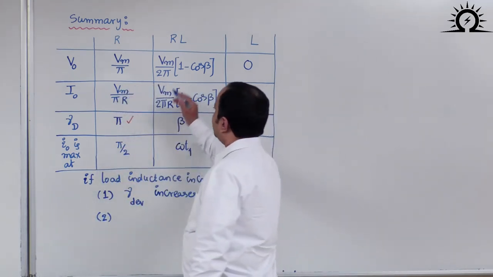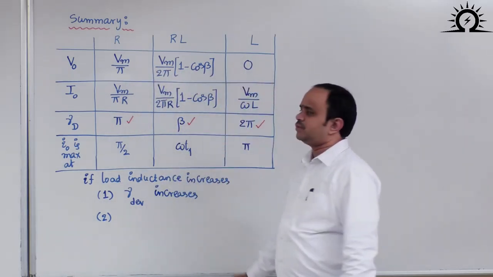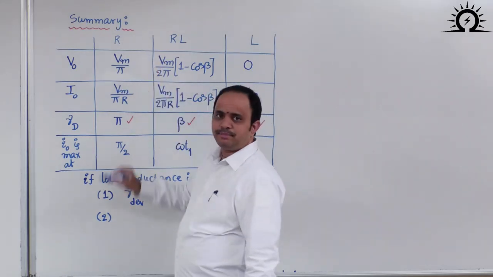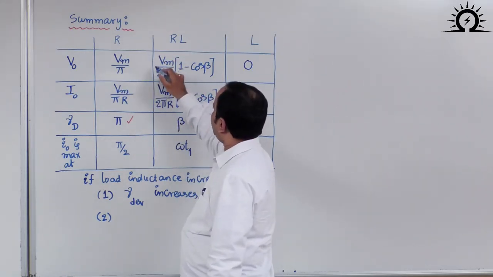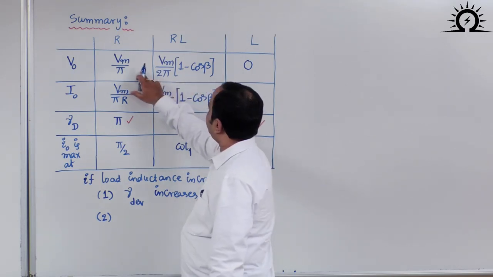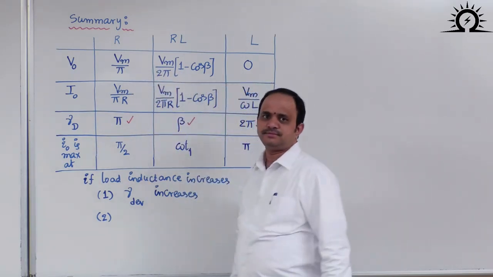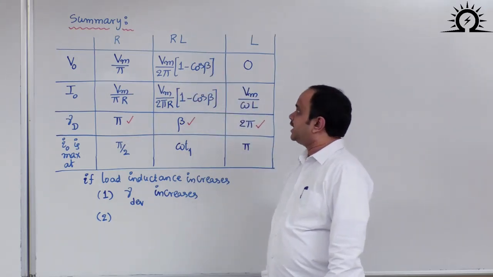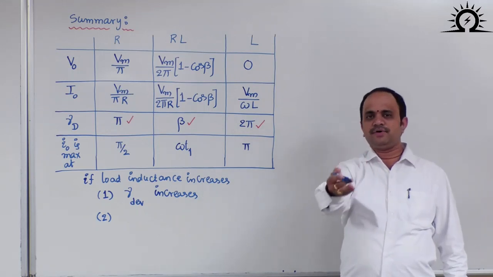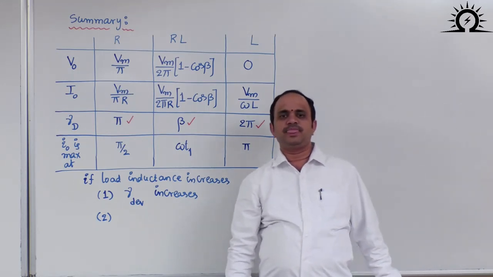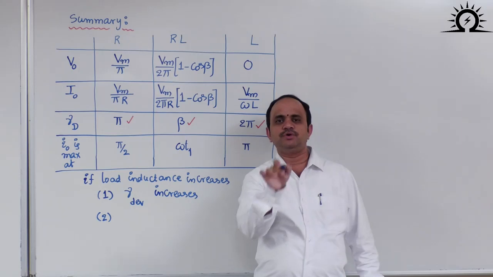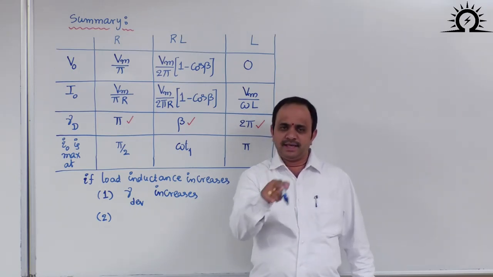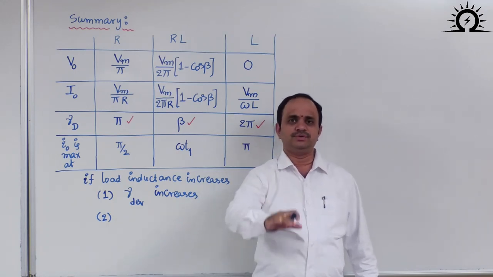Next, if you look into the average output voltage, first it was Vm by pi, then Vm by 2 pi into 1 minus cos beta. If you compare these two values, we can say that the second value will be less. Why? In case of RL load, you can refer to the previous V0 waveform. From pi to beta, there was a negative portion. Because of that negative portion, the net area under the waveform will reduce.